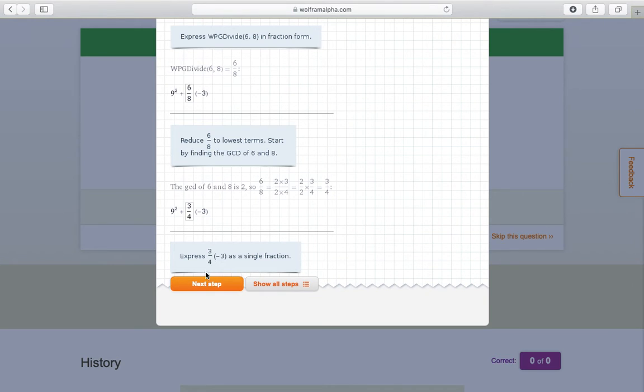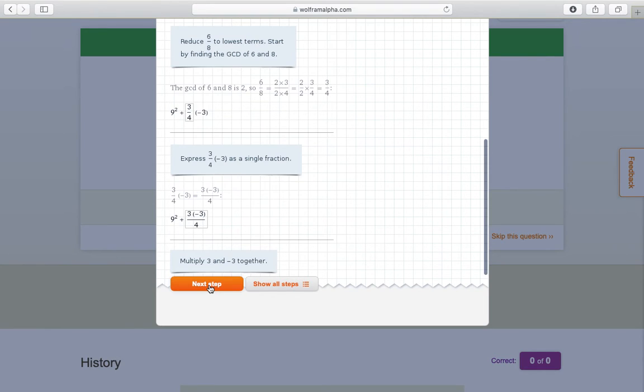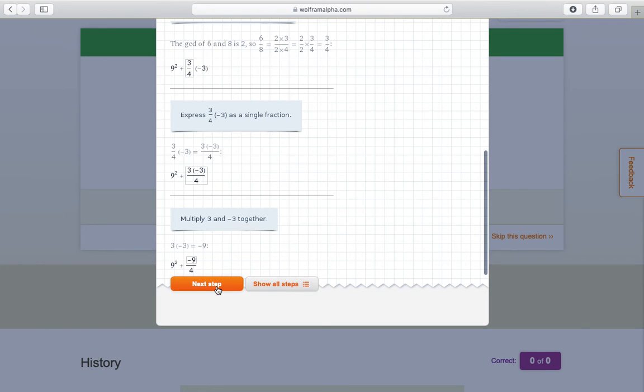They have -3 times 3/4. Okay, so they're going to get -9/4 plus 9 to the second power, which is 9 times 9. They multiply 3 times -3, and so they end up getting -9/4. Let's see what the next step is. Okay, so we're right there.